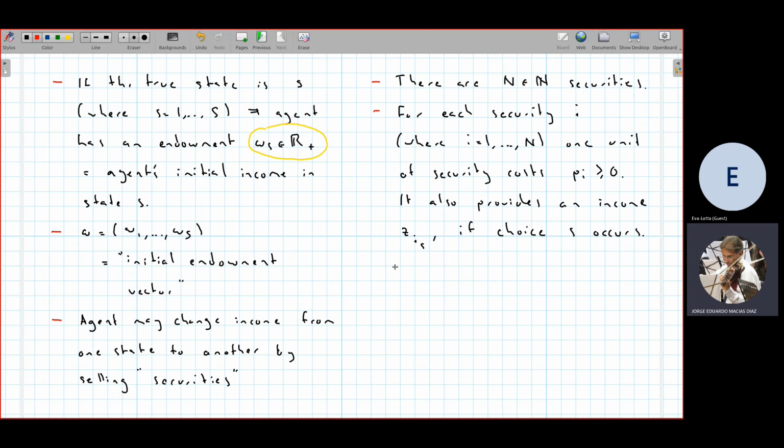Okay, more notation. So any vector of the form phi1, phi2, phi n, this is obviously in R n. So any such vector is going to be called a portfolio.